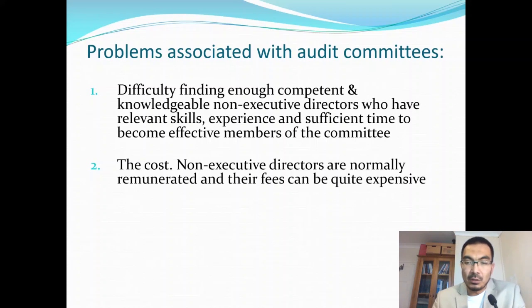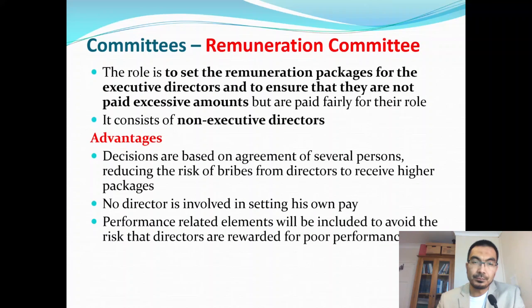Also, the establishment of a formalized reporting procedure may dissuade the auditors from raising matters of judgment and limit them to reporting only matters of fact. And there might also be some costs involved, because if you are appointing non-executive directors to the audit committee, the cost is increased. Non-executive directors are normally remunerated and their fees can be quite expensive.